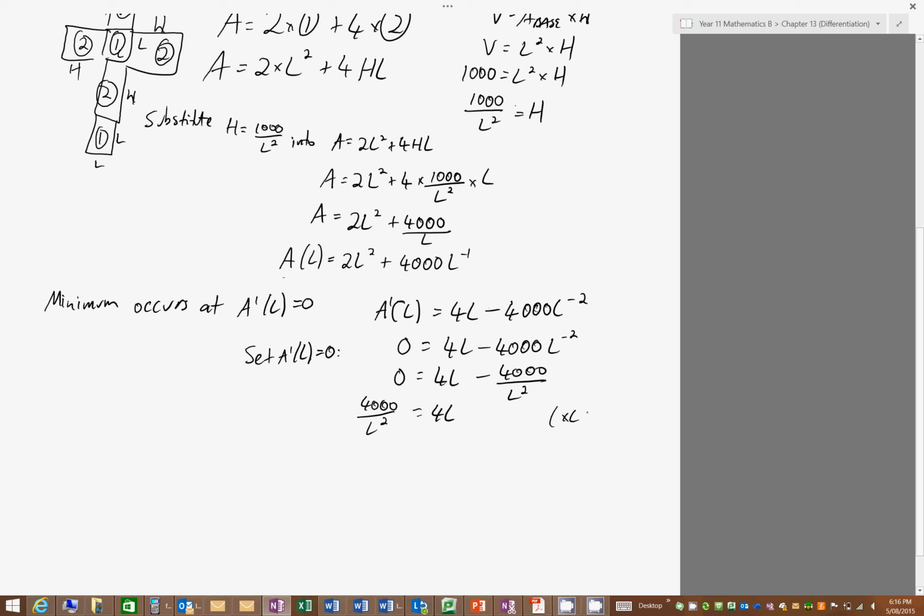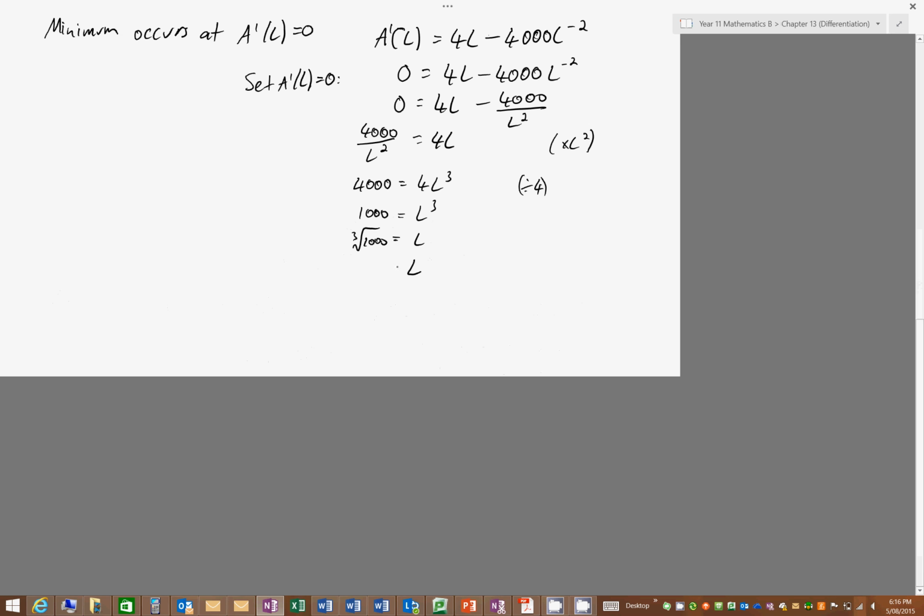And then times everything by L squared. So 4000 equals 4L cubed. Divide everything by 4. L cubed is 1000.